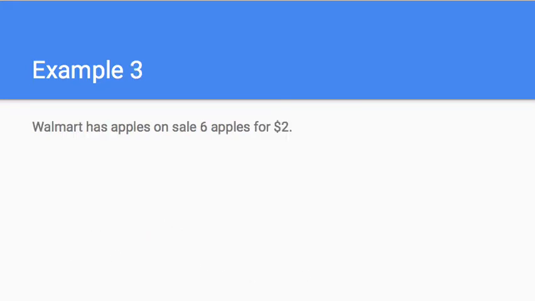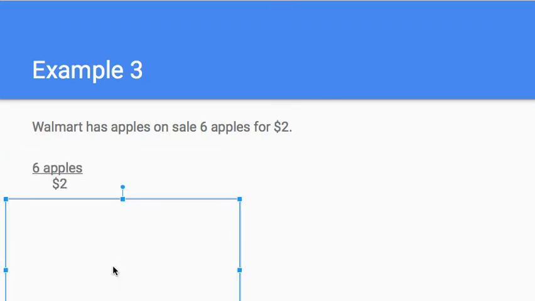So let's look at this one. Walmart has apples on sale, 6 apples for $2. So in this case, I can either think of the number of apples for $1, how many apples can I buy for $1, or I can look at the amount of money I pay for 1 apple. This one works both ways, so I'm going to find it both ways. I'm going to start by taking apples divided by the money.